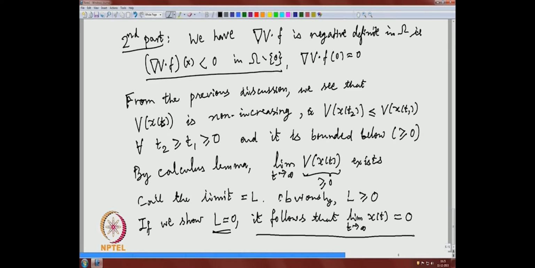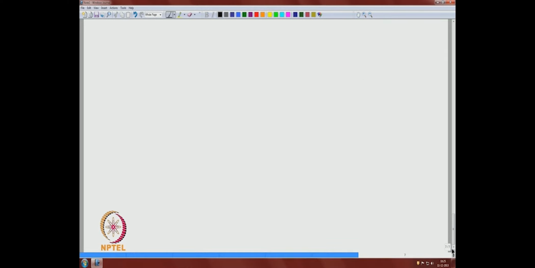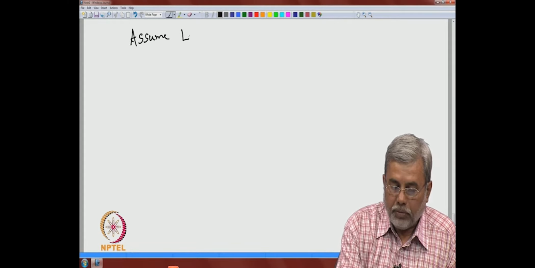Once we show that this limit L is 0, it follows automatically that the limit of x(t) is 0, otherwise we get a contradiction. Okay. So, assume, to get a contradiction, that L is positive.